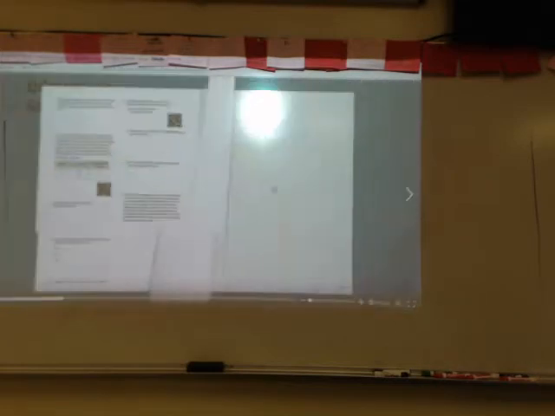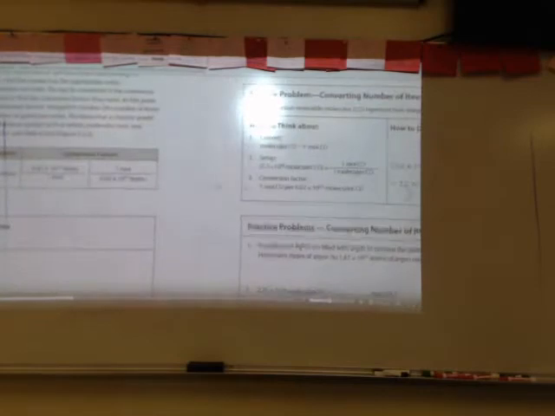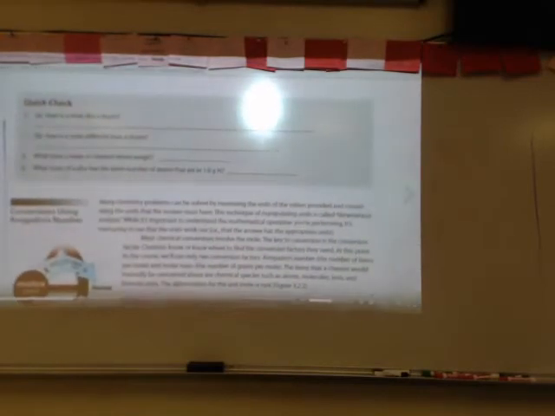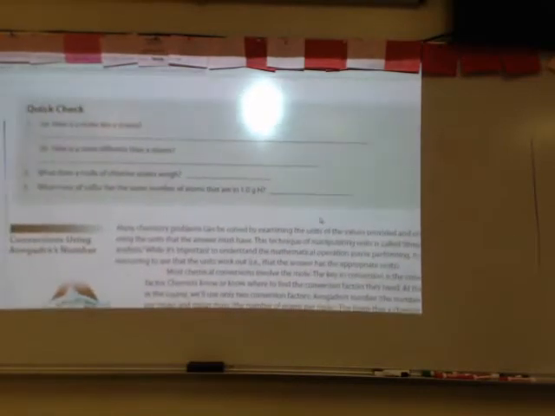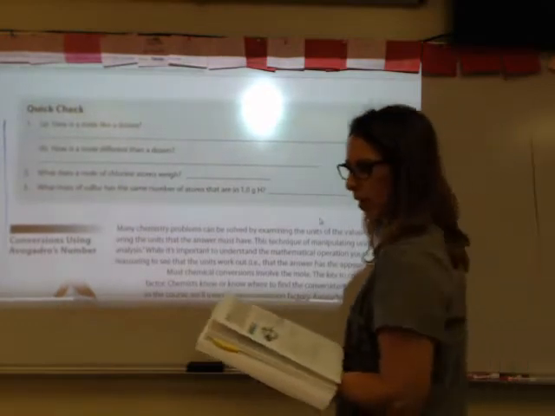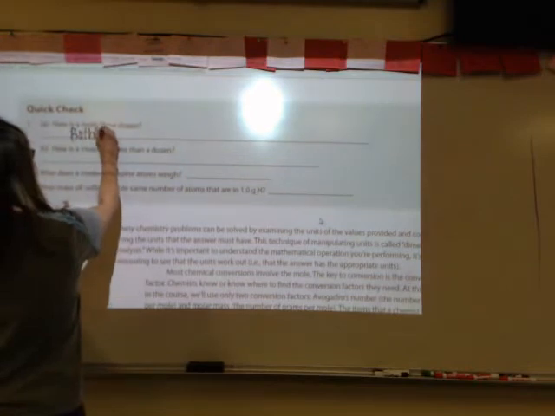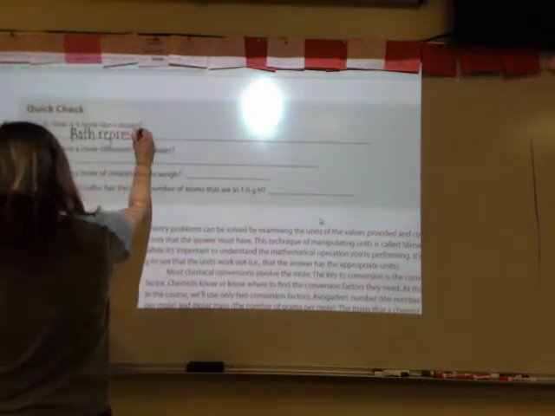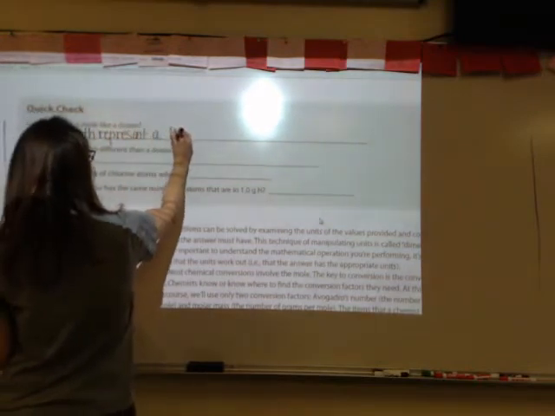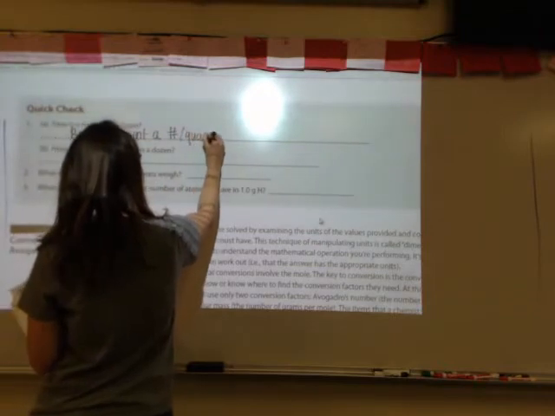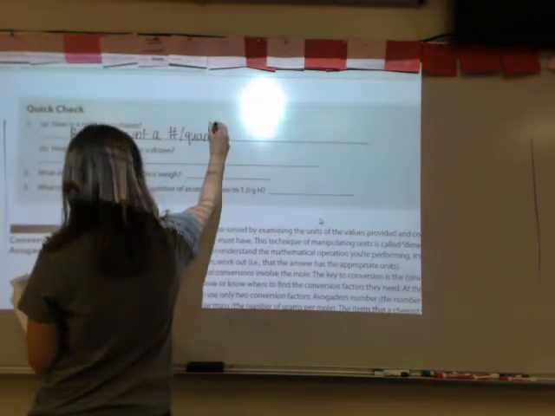And if we take a look at the next page, let's take a look at this quick check here. It says, how is a mole like a dozen? Well, they both represent a number or a quantity of things.